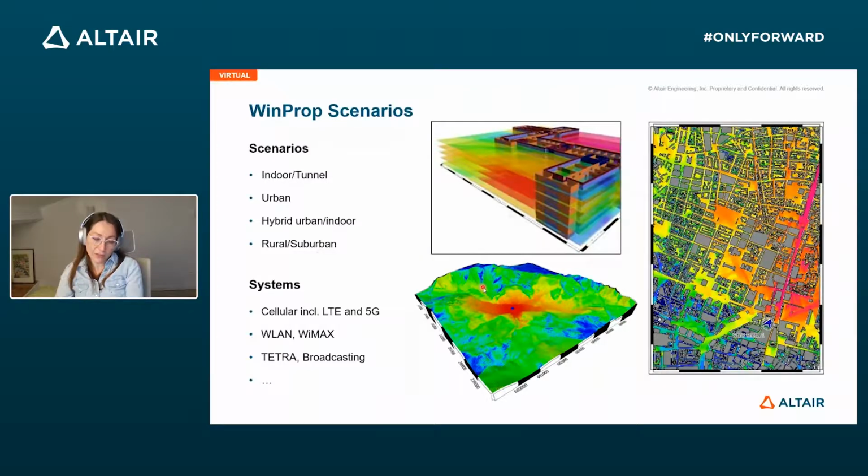And here the effect of the irregular terrain might have a direct effect on the propagation of the waves, and thus on the received signals in different areas of this rural area. But we also have the possibility, as I've mentioned, to add systems, so to define air interfaces. So if you're interested in some cellular systems like LTE and 5G, some WLAN, WiMAX, Wi-Fi, etc., all this is available for network planning within Windprop.